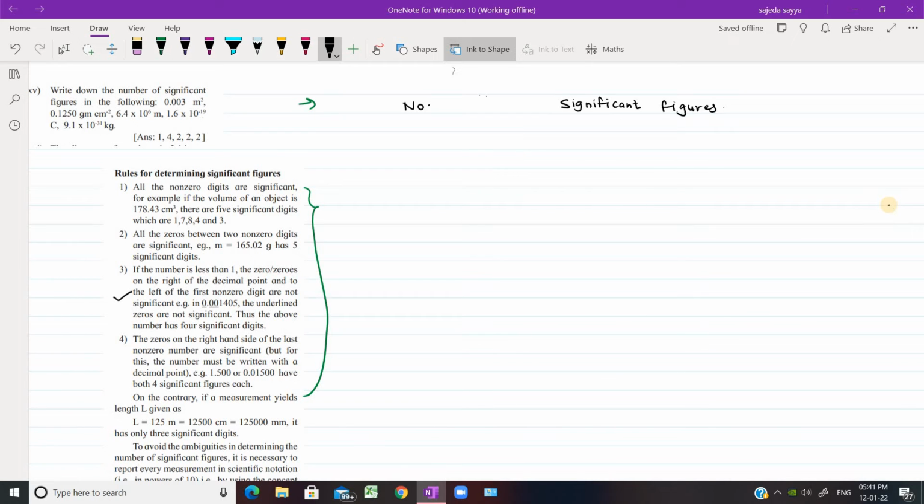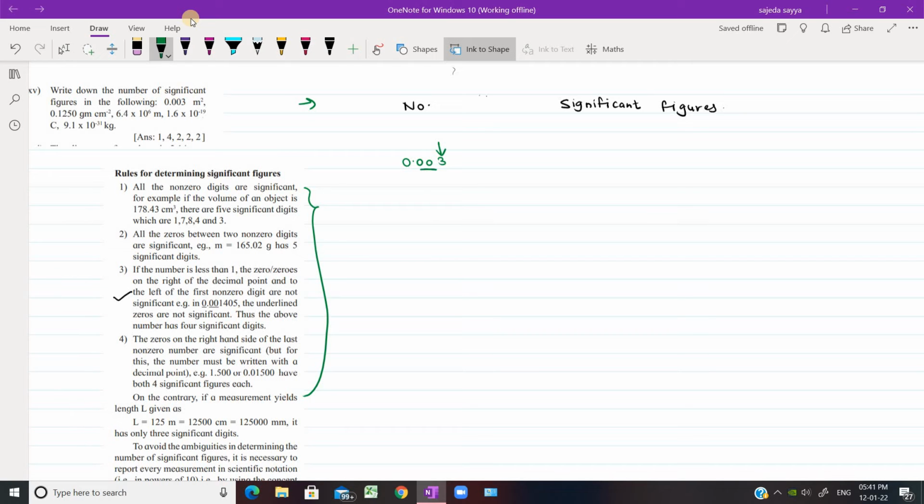In the given number, all non-zero numbers are significant. So, as per the rule, 0.003 has one significant figure.